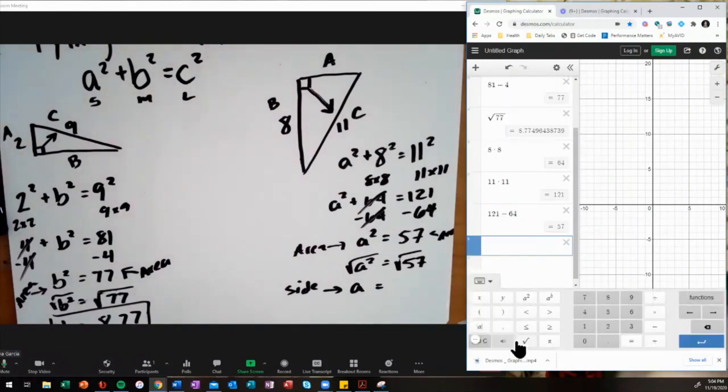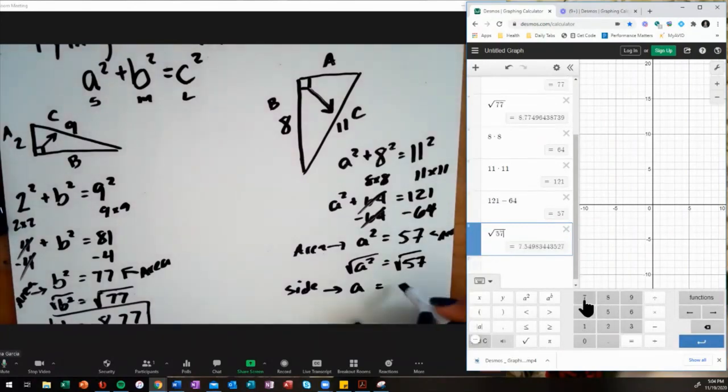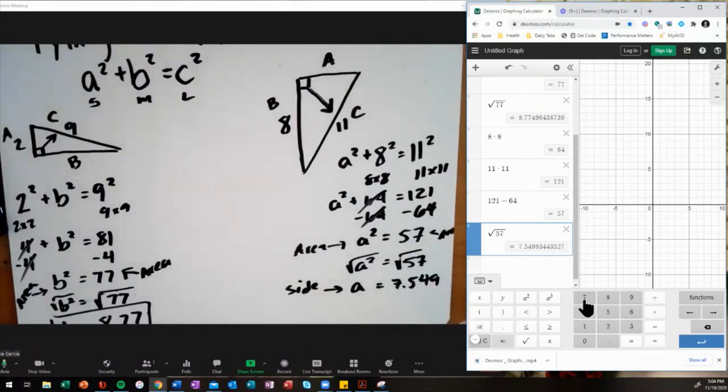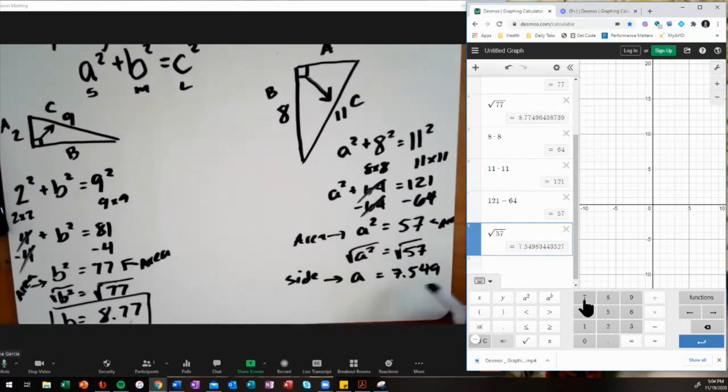Square root of 57 gives me 7.549, and it gave me a whole bunch of other numbers, right? But I'm going to round the number 4. So if I look at the number right behind it, it's a 9. Remember, if it's more than 5, that means that the 4 is going to round up. So my final answer is going to be 7.55. That is my side A.